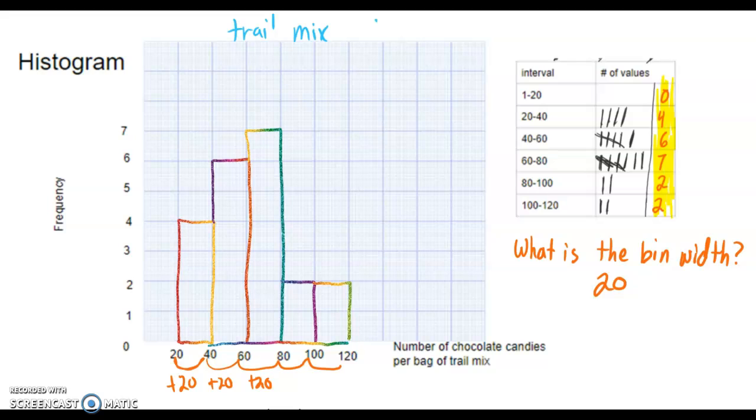Another question you could be asked about a histogram would be, for example, how many bags had 80 or less chocolate candies?